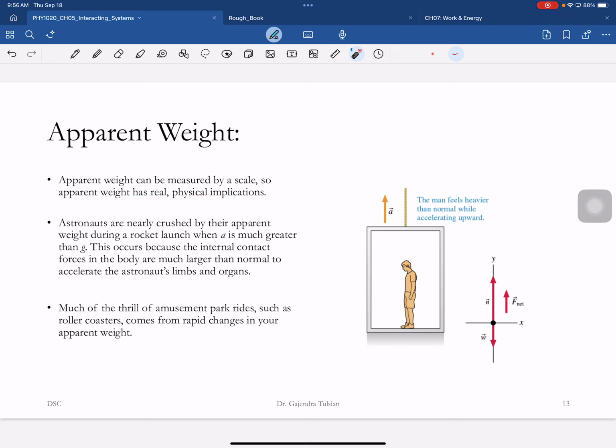Astronauts are nearly crushed by their apparent weight during rocket launches. Here's a rocket that's going up, and it can experience 6 to 7 g accelerations.